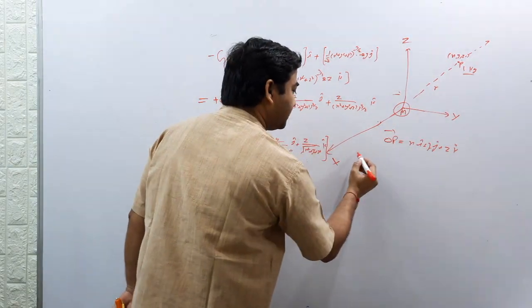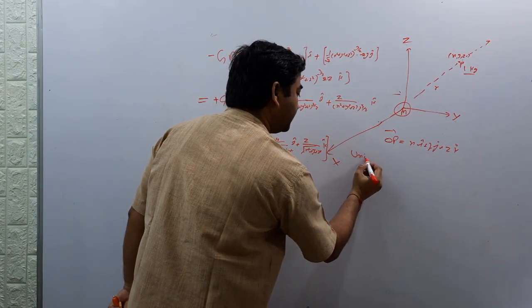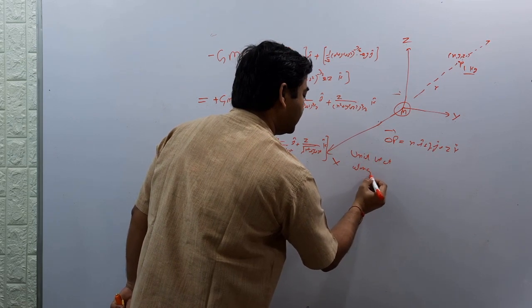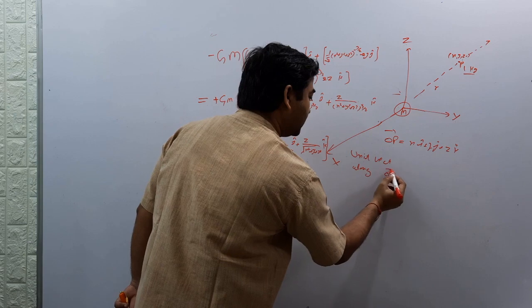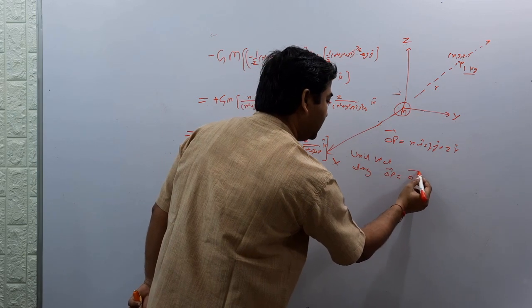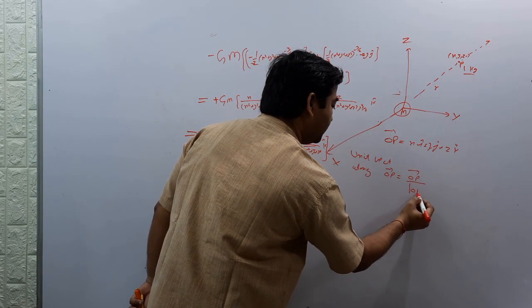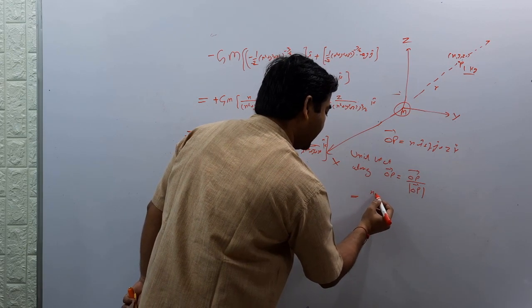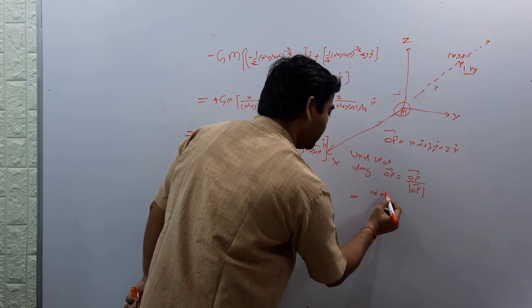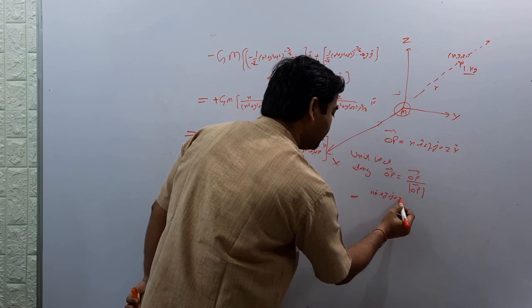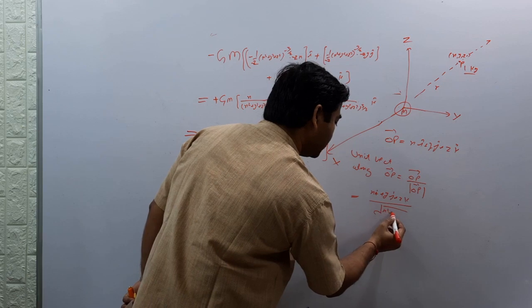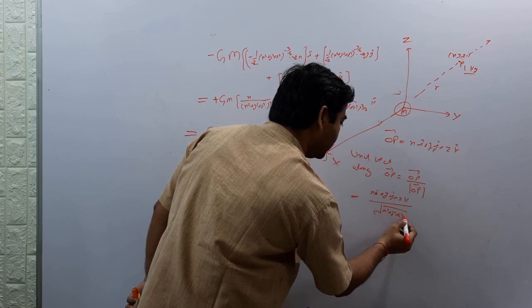Vector OP is this. So unit vector along OP is equal to vector OP by mod of vector OP, and this is x i plus y j plus z k divided by under root x square plus y square plus z square.